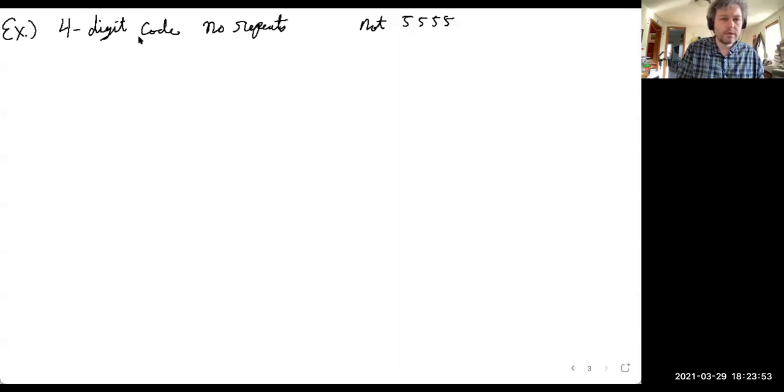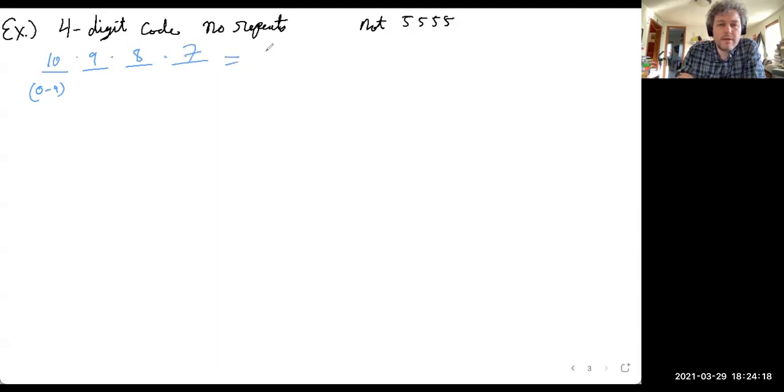So, 4-digit code, no repeats. Let's see what we got. Well, from before, I guess I'll do it in blue, we had 1, 2, 3, 4. And if we have no repeats, we had 10 choices. Remember, we had 0 through 9. So we had 10 choices, 9 choices, 8 choices, 7 choices.